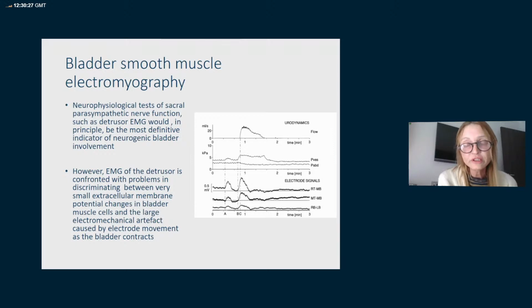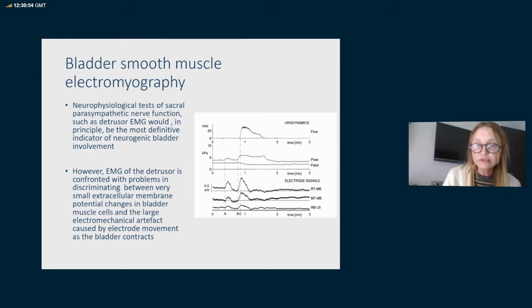The last vegetative testing is the bladder smooth muscle electromyography. Neurophysiological tests of sacral parasympathetic nerve function, such as detrusor EMG, will in principle be the most definitive indicator of neurogenic bladder involvement, because the detrusor is innervated by the parasympathetic nervous system.